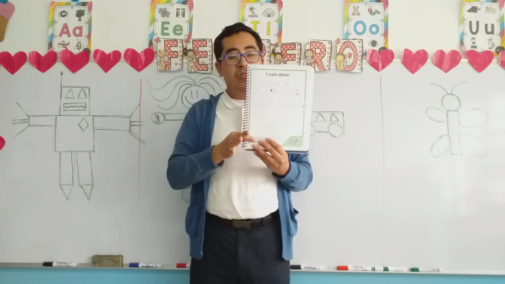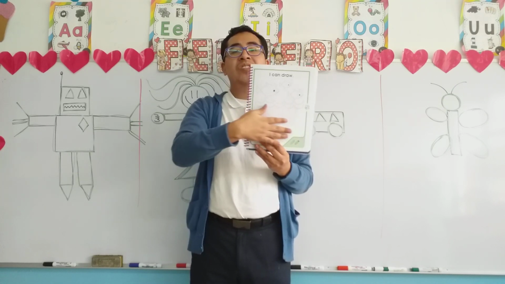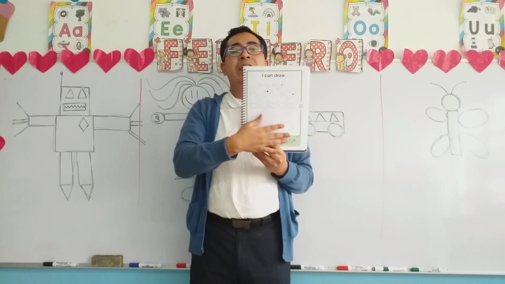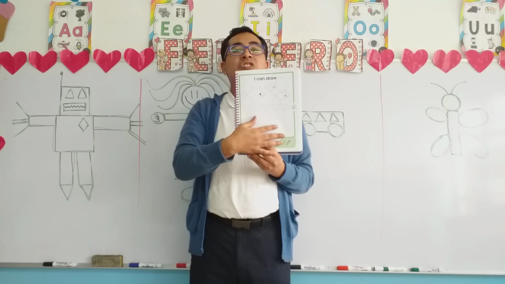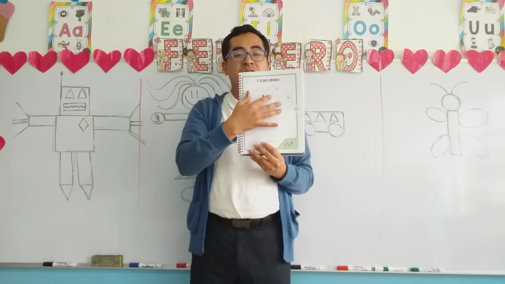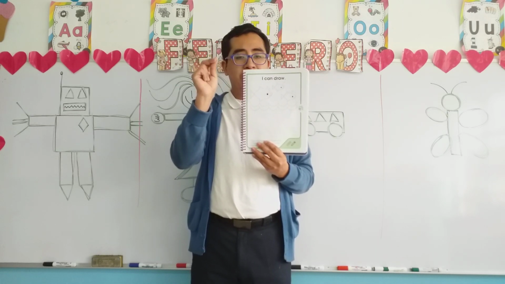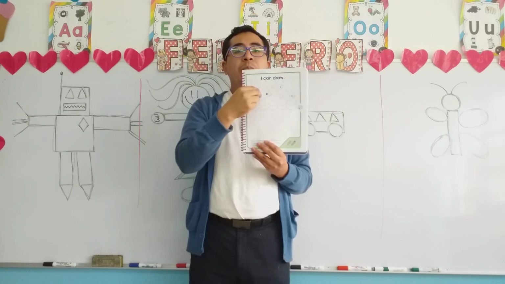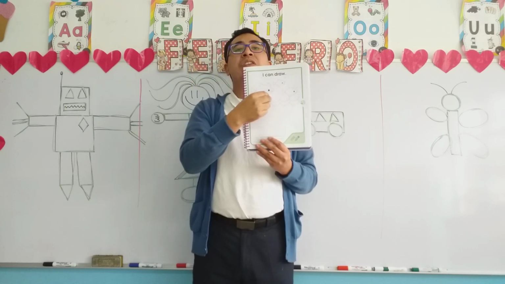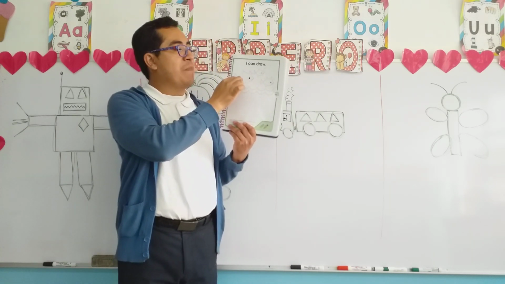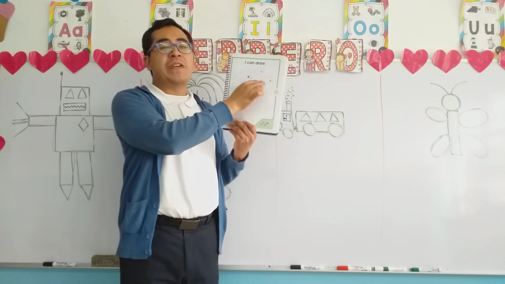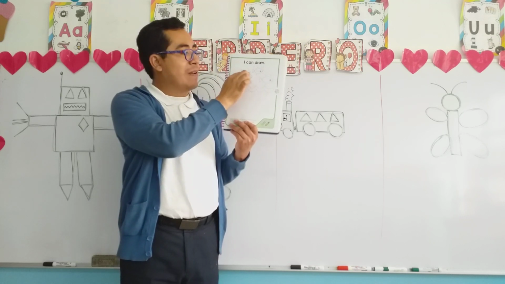Now on the bottom part of it, on the blank space here, with the help of geometric shapes, we have to copy the fishes that appear right here. So using your pencil, holding it properly, we have to copy the fishes using a geometric shape. Now as you can see here, the geometric shape that is part of the fish is an oval.